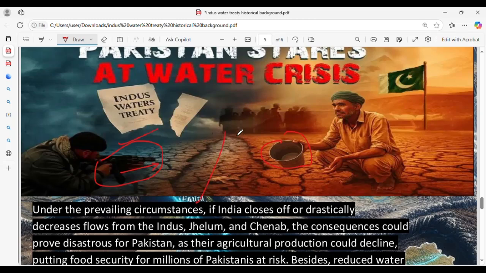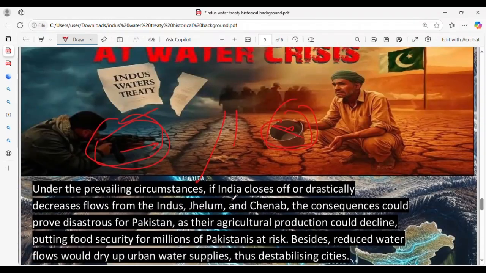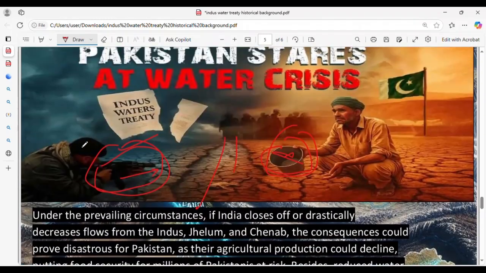So this picture shows everything: if you are holding a gun, you cannot ask for water. The bucket is very empty. We cannot say that if these are terrorists, these people had no right to suffer for this. But if these are brothers of the same country, then you will have to suffer all together.